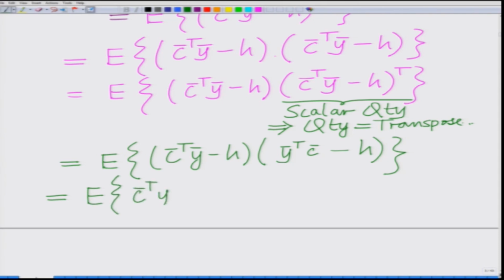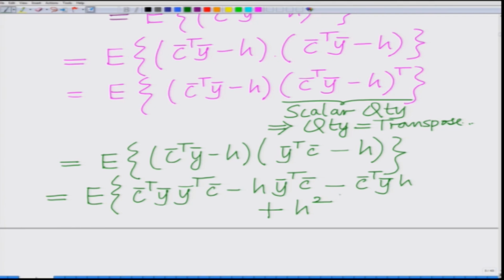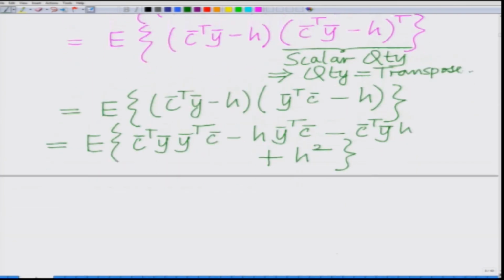This is C bar transpose y bar into y bar transpose C bar, minus H y bar transpose C bar, minus C bar transpose y bar into H, plus H into H. H is a scalar quantity, so I can simply write it as H square. Okay, so that is what we have.